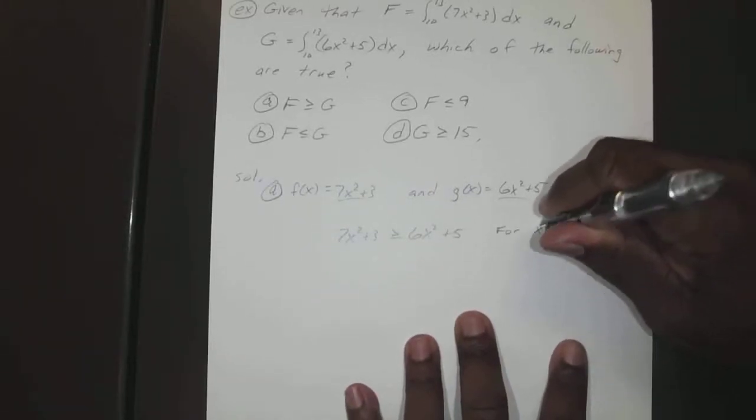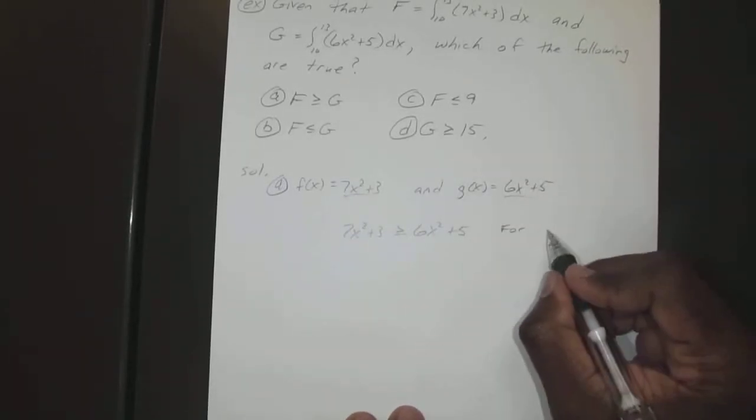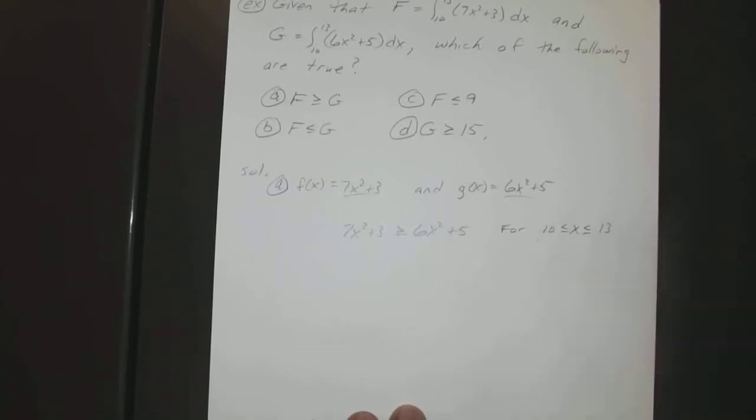I'll just put x. For 10 less than or equal to x less than or equal to, did I say 3? I meant 13. Don't know why I said 3. Okay.